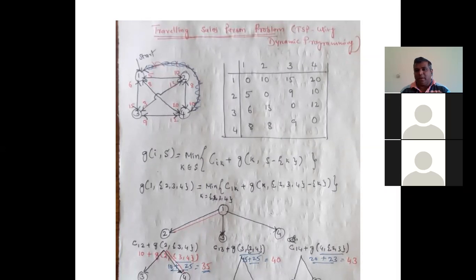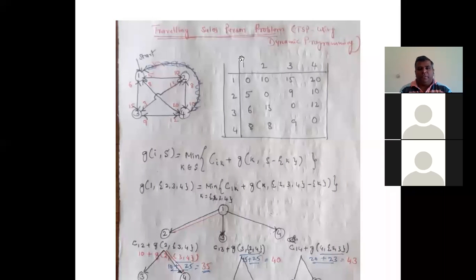This we call the traveling salesperson problem. So this problem we can solve using brute force designing technique, using dynamic programming designing technique, using backtracking designing technique, and also using branch and bound designing technique.